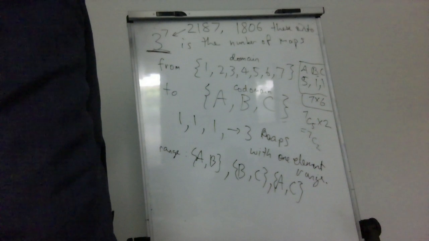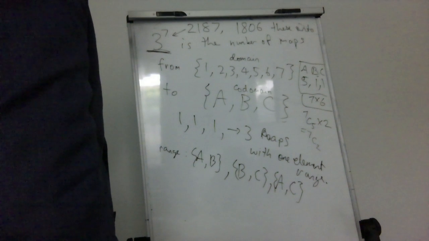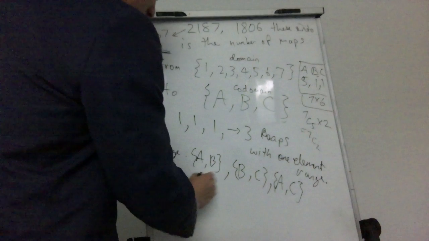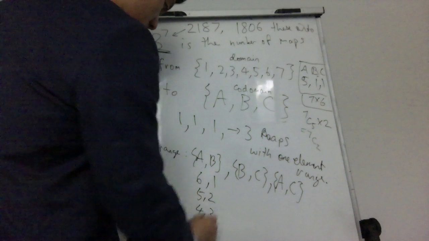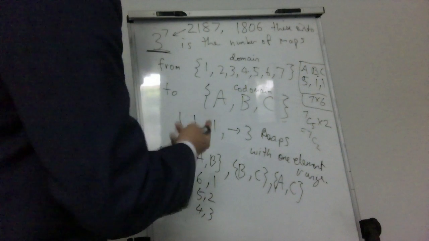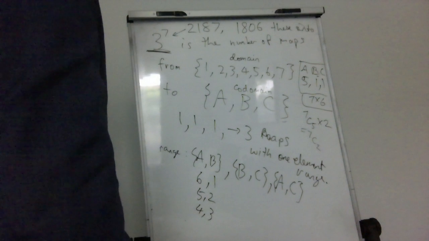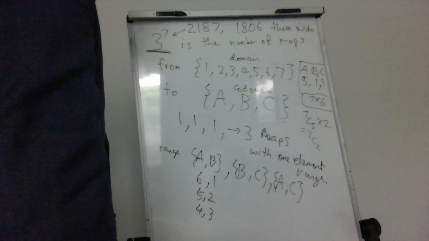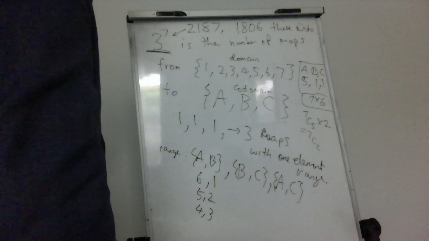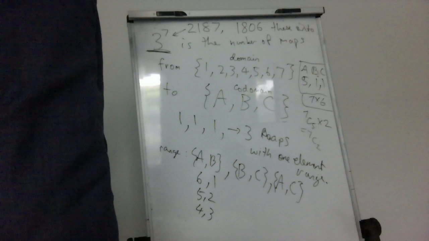So I've already done 7-0, so 6-1, 5-2, 4-3. That's it. And then the flips, right? Oh yeah, you can do the flips.